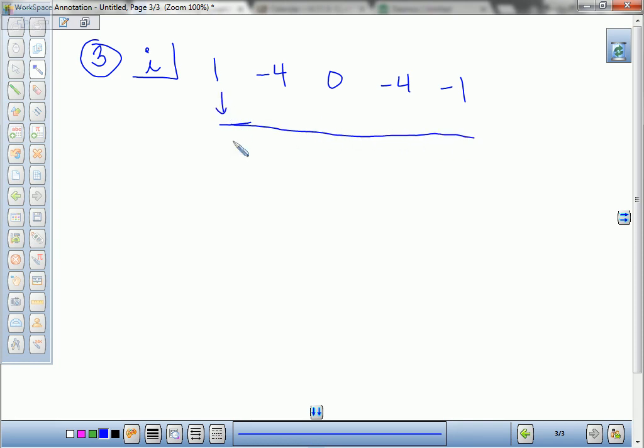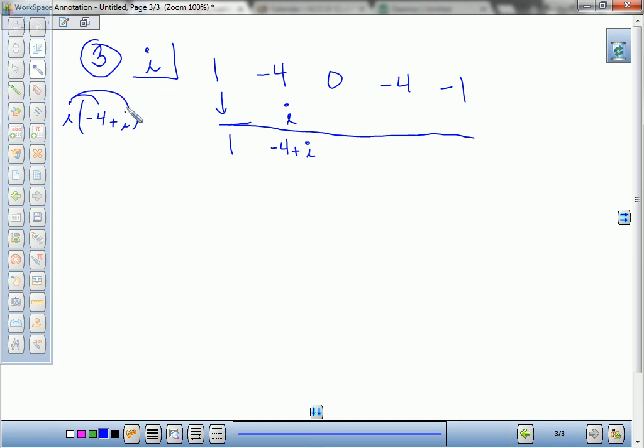Alright, so we bring down that first one. We multiply. And then you add. This is where it looks a little weird because it becomes complex right here. We get negative 4 plus i. I never really cared for this middle step. Now I gotta multiply the i times the negative 4 plus i.